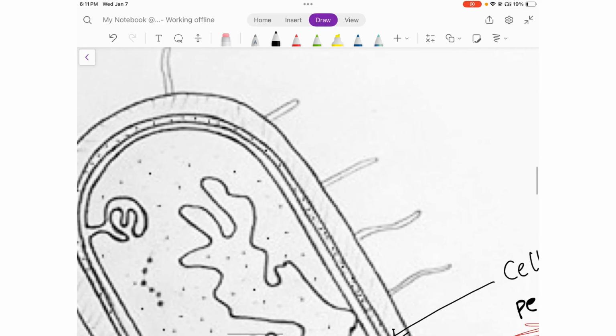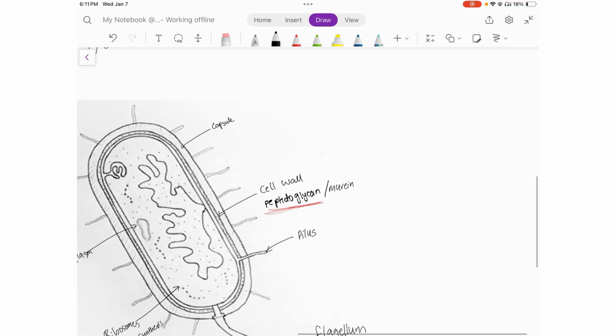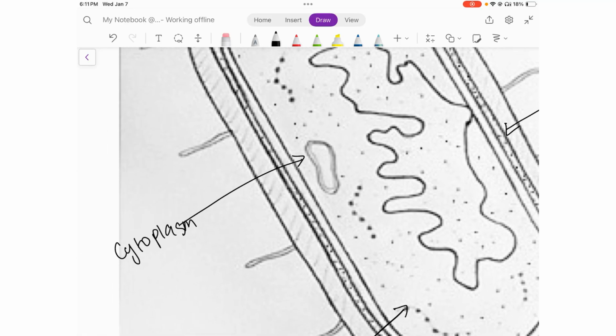And then here we have our capsule. So basically, this is an extra layer found on top of the cell wall. And then we have our circular DNA.